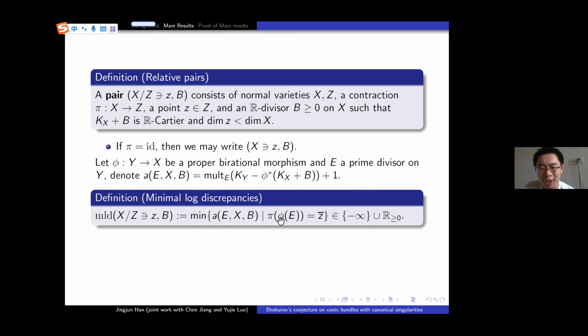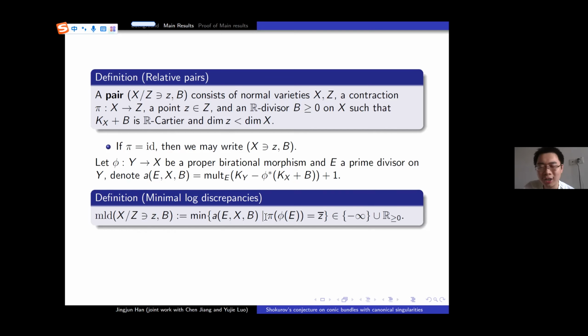Here I am only interested in such E such that the center of E is equal to the closure of z. This is not the same as the definition of MLD of X at the beginning of our talk.